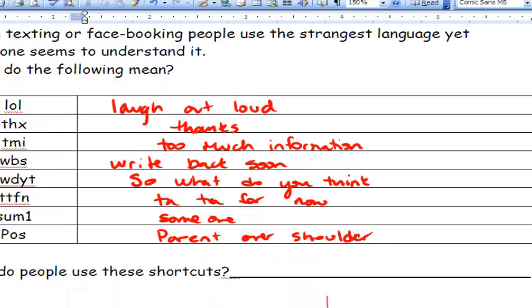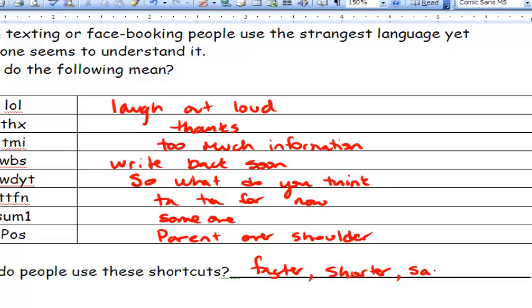Well, why do we use these shortcuts? Well, they're faster. They are shorter. And we didn't used to have unlimited texting plans, so we had to make sure that we got our message in as fast as we could and as short as we could.